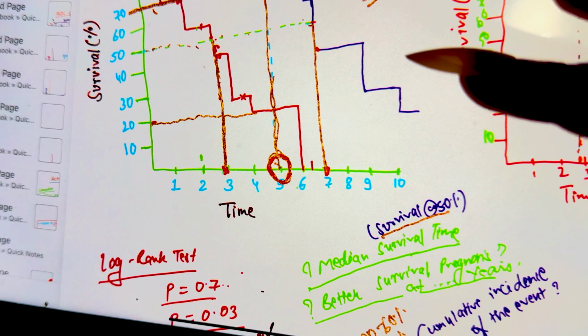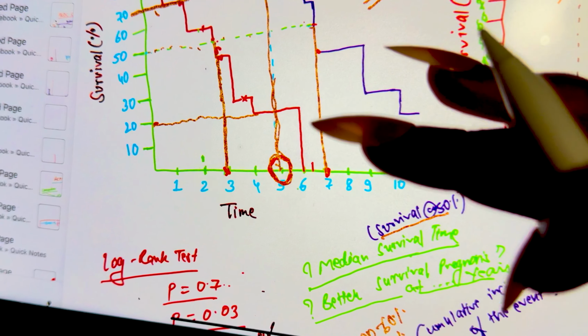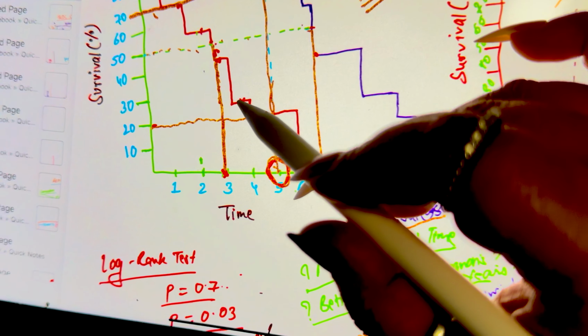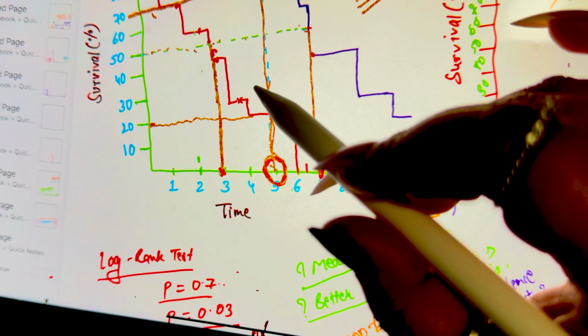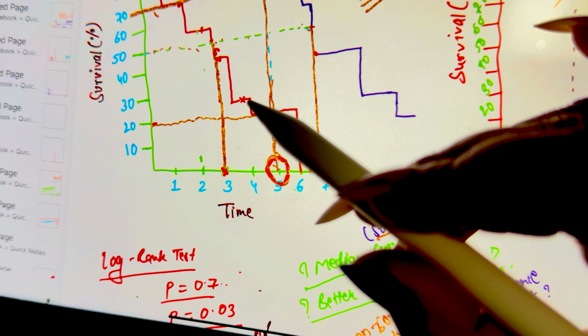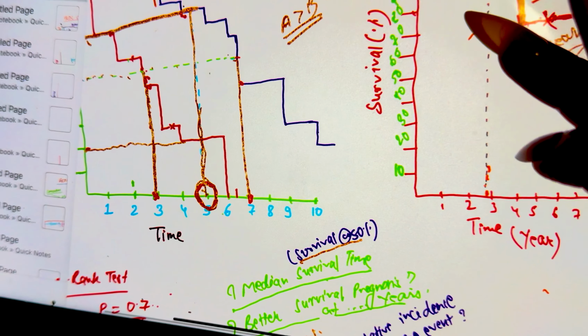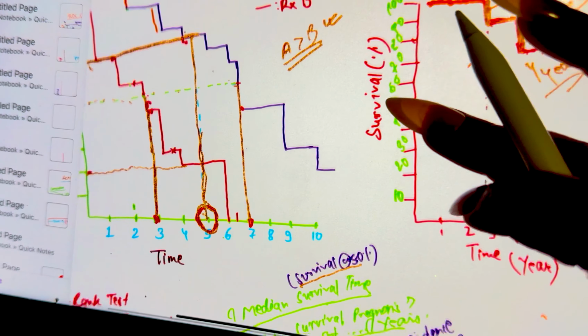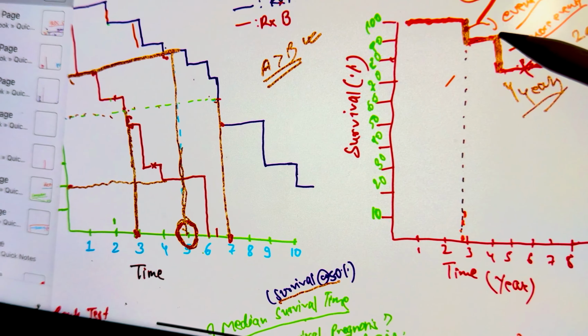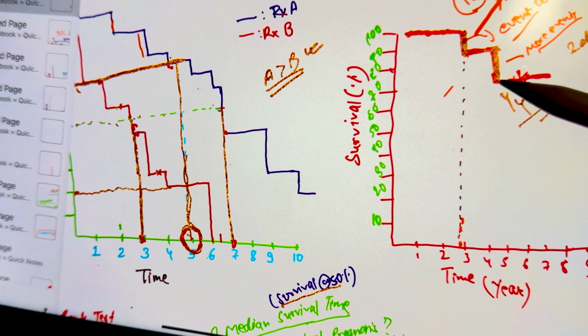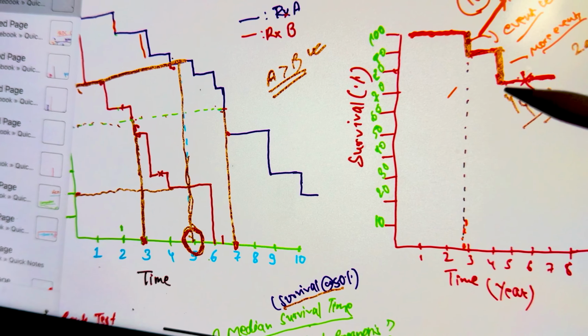Sometimes they will also ask where the censor data is. Wherever there is a cross mark, that is the censor data. The other will be what the greater vertical dip means. That is more events.